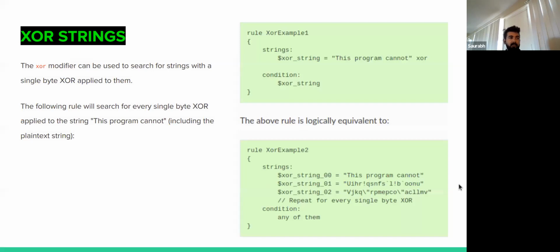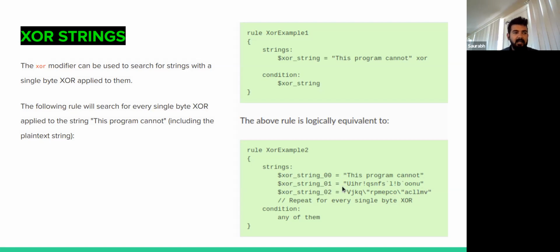Talking about XOR strings. These two rules will find basically the same thing. This is an XOR string. The string This program cannot has been XORed, and it comes with these two possibilities.